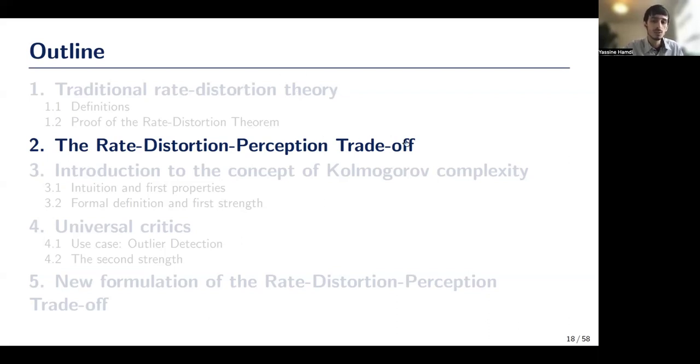But more recently, I think from the 1990s, there's been a new problem that has been proposed. And essentially my work has been to work on that problem and improve it, or let's say modify it.